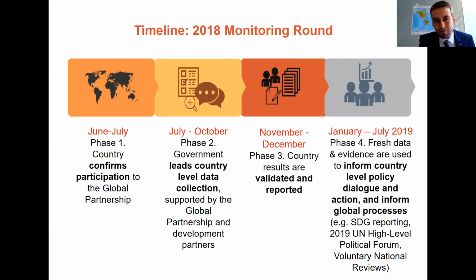So by the beginning of next year, your government can actually use this information in all those global processes of reporting to the SDGs and participating in the Financing for Development Forum and coming to the next high-level political forum in New York with evidence of not just what the sustainable development goals are in your country, but if the means and the support you need from your partners is there in the ways that you require.